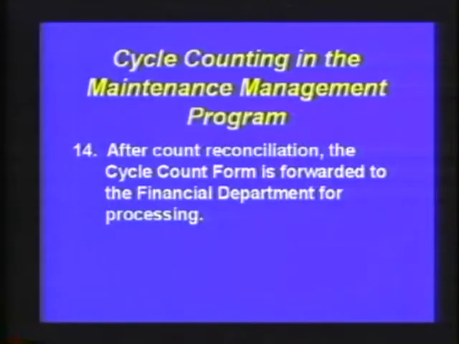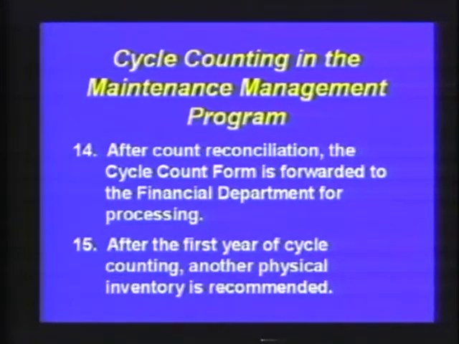Step 14 is after count reconciliation. The cycle count form is then forwarded to the financial department because this is really a legal document. Remember, it's replacing those annual physical record cards that you used to take during the physical. And then after the first year of cycle counting, you may want to take another physical, and here you should be right on.